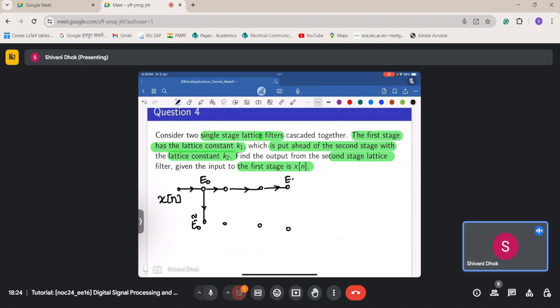And this is E1, which will have a gain of z^-1. This will have a gain of 1. This is E1 tilde, like this. And then here we have K1, and here we have K1. So this is the first stage.